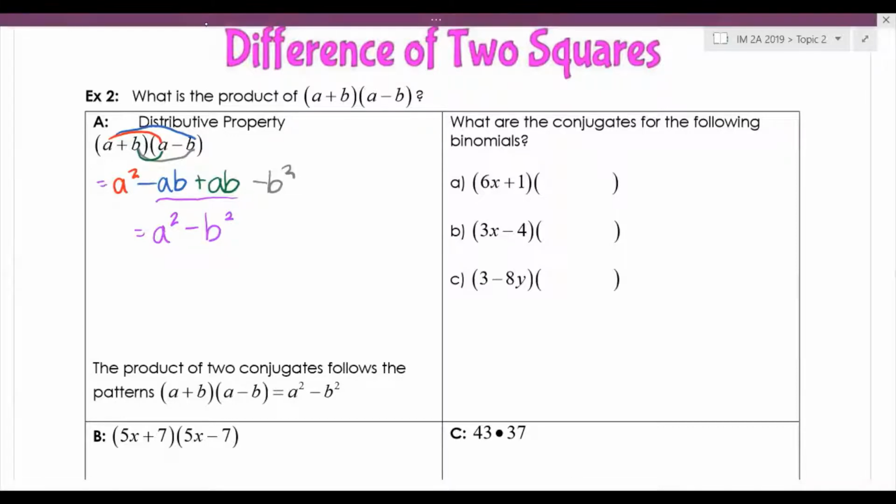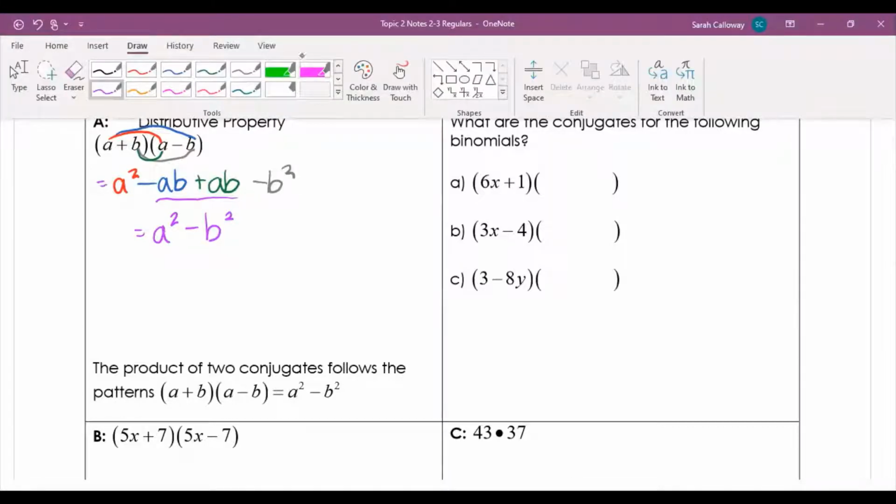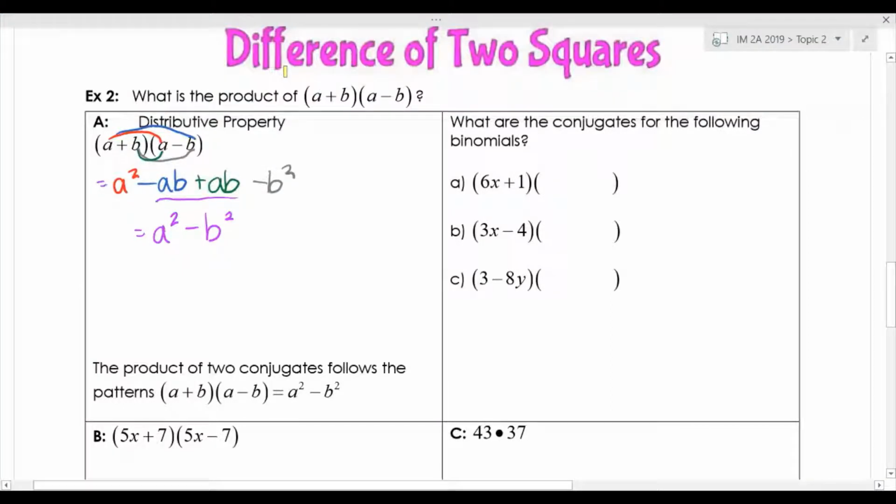And so these types of binomials, so I have a sum and a difference that are the same, these are called conjugates. That creates what we call a difference of two squares. So it's two perfect squares, a squared and b squared, and we're subtracting them. So this difference of two squares title is referring to what the answer looks like.